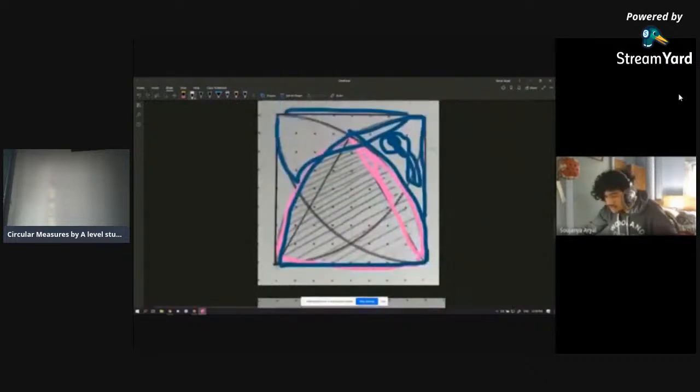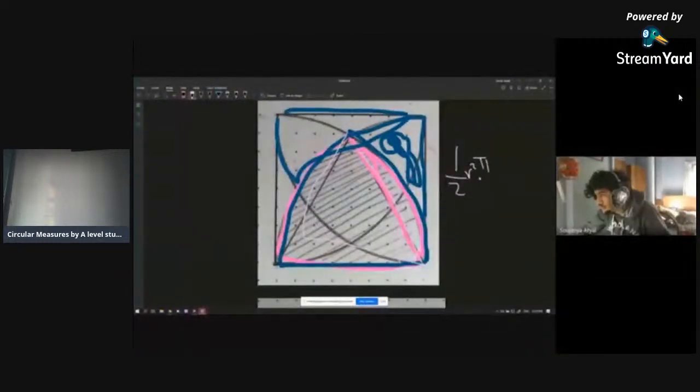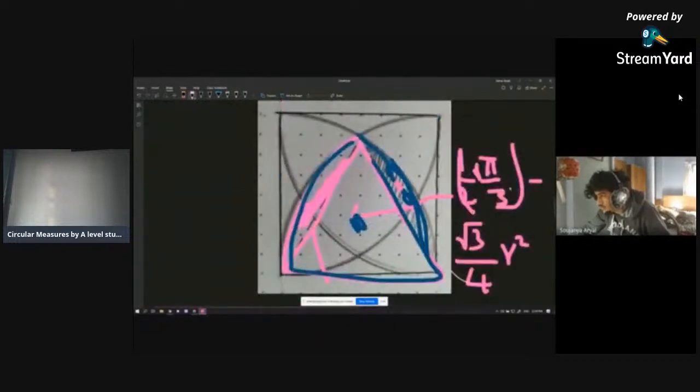So for this, we can just write it down. Yeah, so the area of that will be 1 by 2 r square theta, which was 60 degrees for just this part of the sector, which is pi by 3, plus this equation that we just formed.